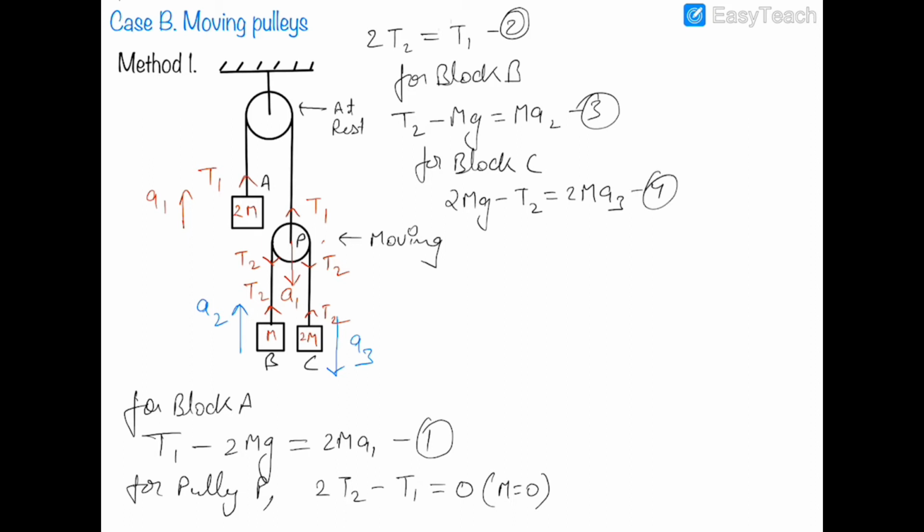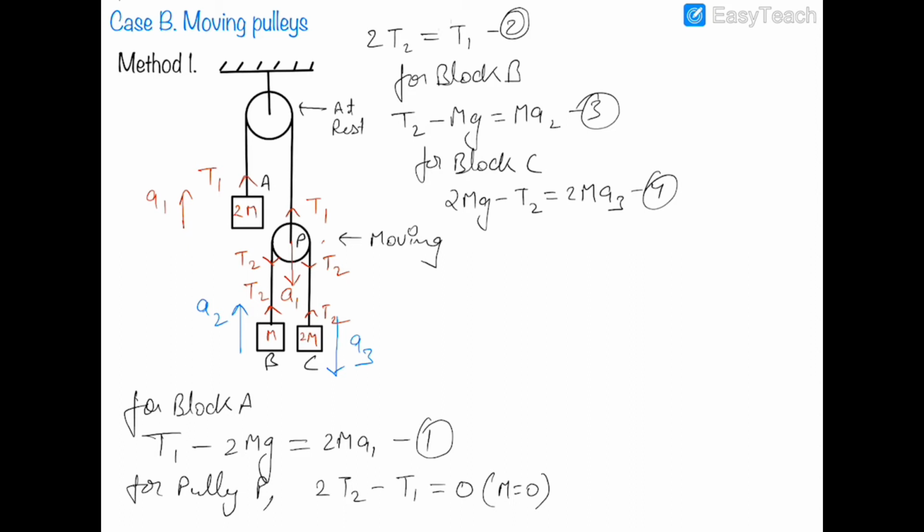Now we have to count the number of variables and the number of equations which we are getting. The number of variables are T1, T2, A1, A2, A3, and the number of equations which we got is 4. So we need one more equation to solve all the variables, and that equation is a very important one.